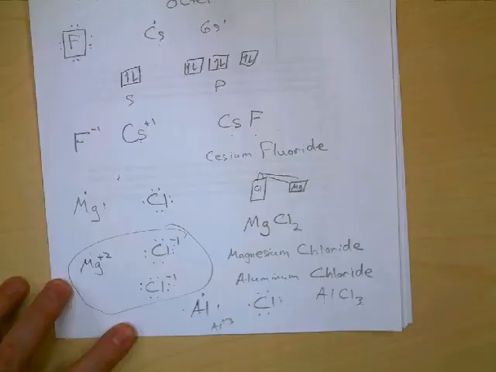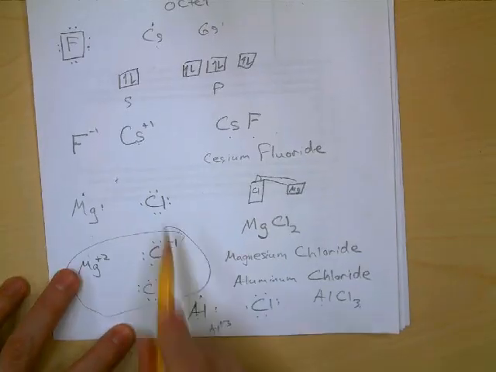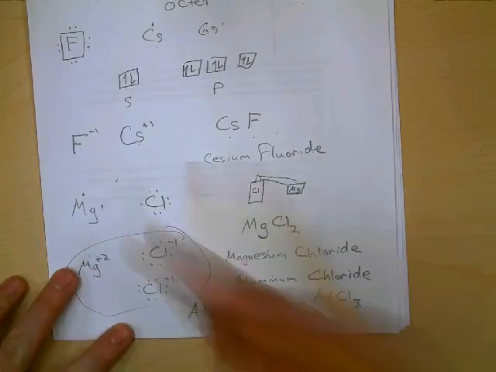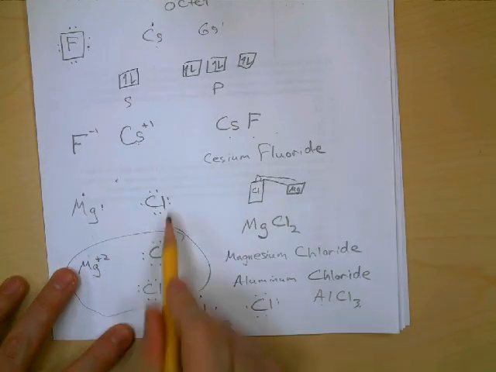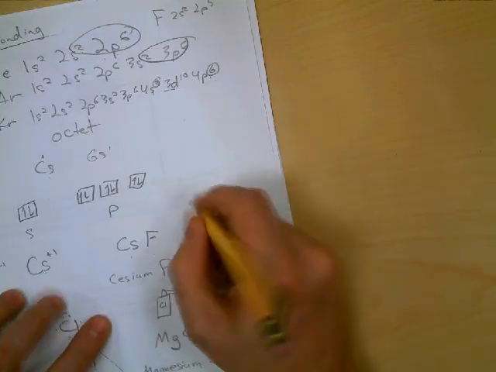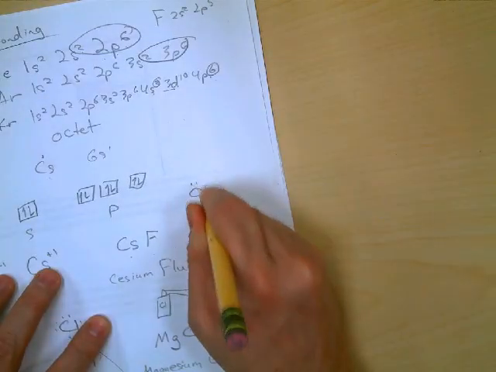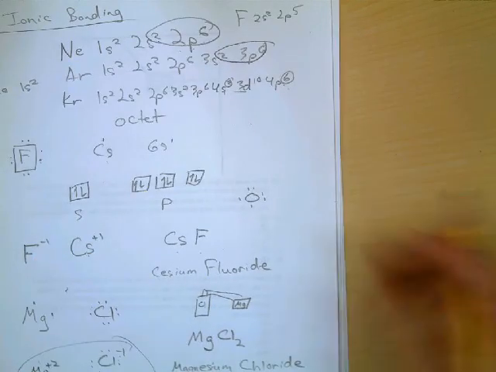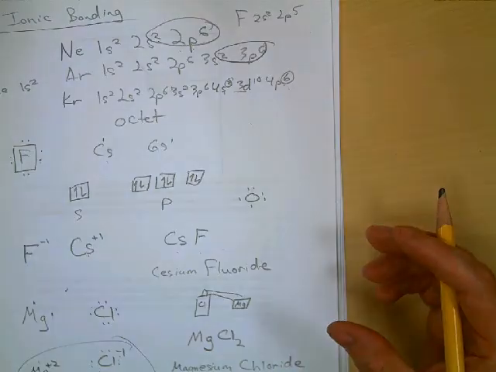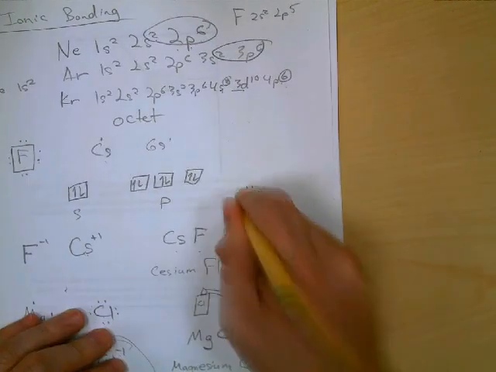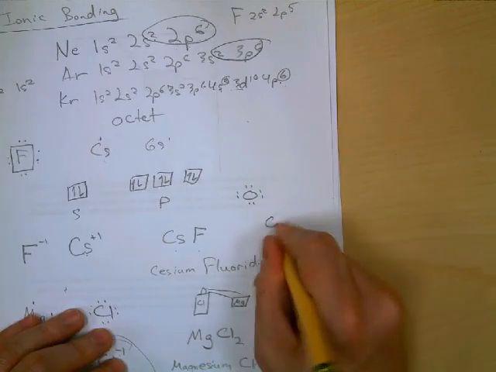The chlorine, which had 7 electrons, would form a -1 ion because he's a nonmetal. He would steal. He would gain an electron. We can look at oxygen. Here's an oxygen atom. Oxygen has 6 electrons. It's a nonmetal. It steals. So if you ever had an oxide ion, it would mean it gains 1, 2. Well, that would be a -2 ion.